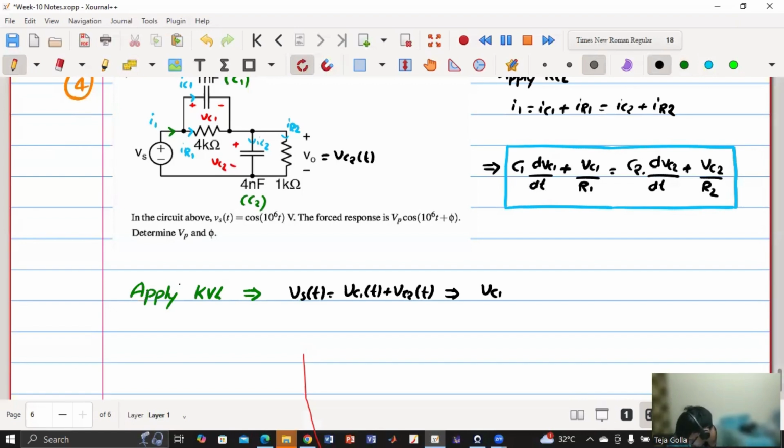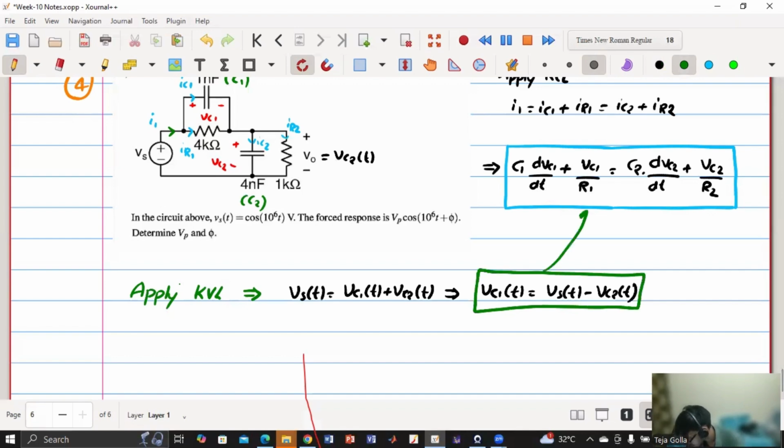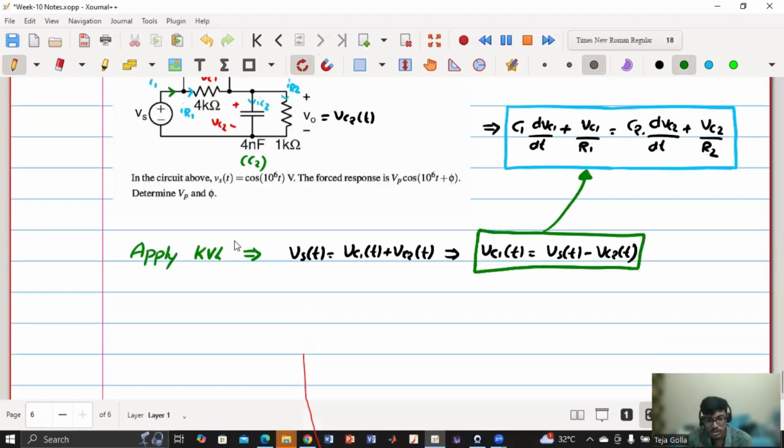I'll substitute Vc1 of t as Vs of t minus Vc2 of t. Clear? This is the other equation that I got. Now substitute this in this expression. Any doubts? Or I can proceed further. Whoever is there in the meeting, any queries, anyone? Okay, I hope no queries.